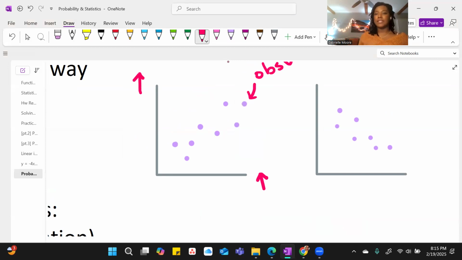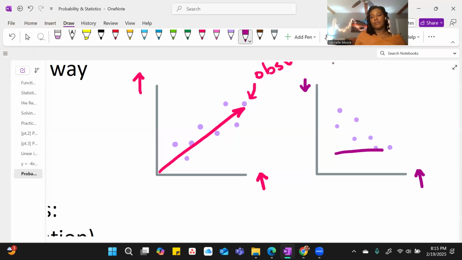That is how we describe a positive relationship. It takes that kind of trend, versus the one on the right, where as we move to the right, Y is decreasing. We move over, we go down, and that is our negative relationship.